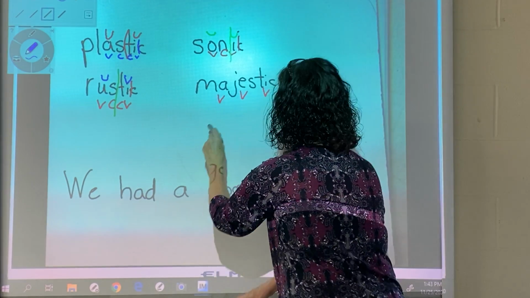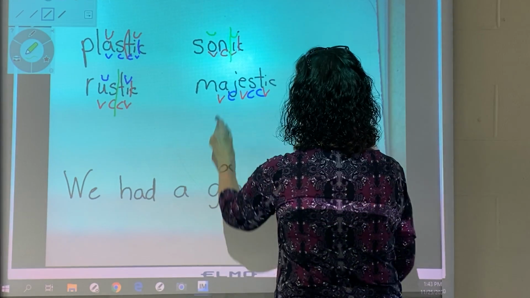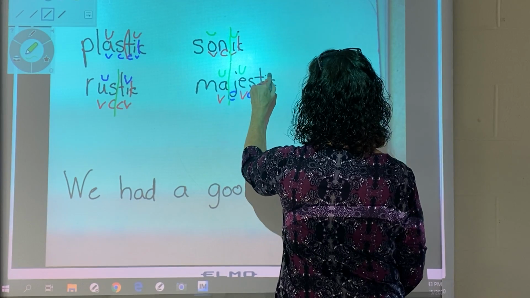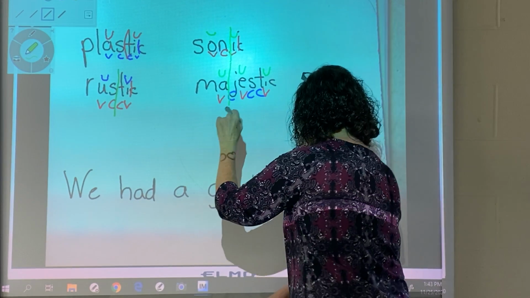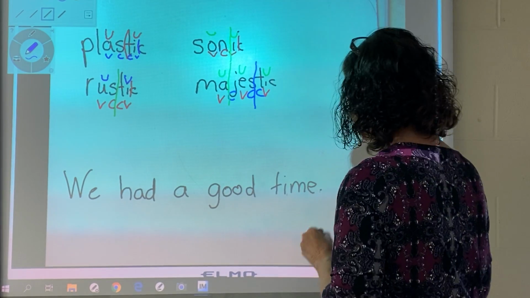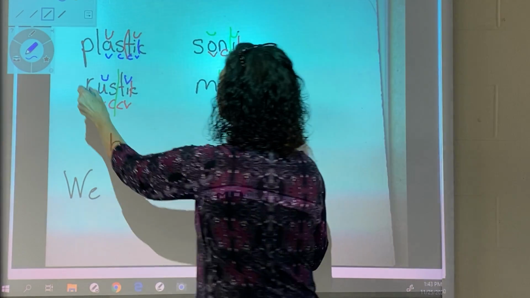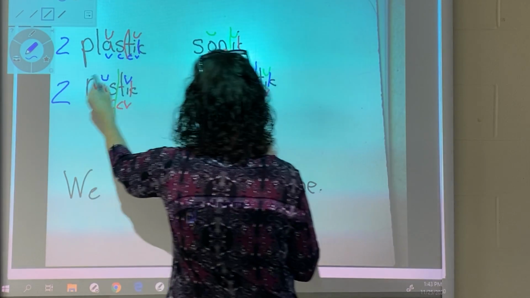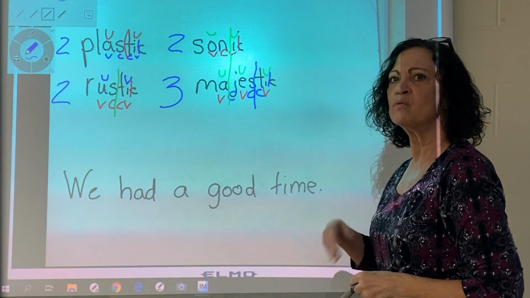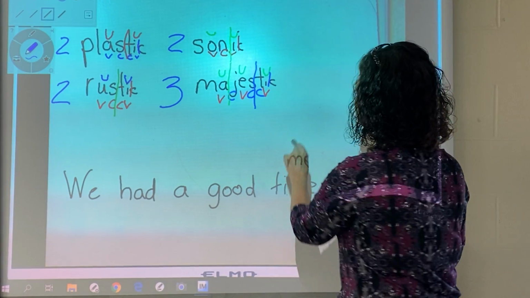Then we have a consonant, a consonant, a consonant, and we'll separate it. Majestic. This one gets separated right here. So that's a two-syllable word, a two-syllable word, a two-syllable word, and a three-syllable word that all end with the sound K, and that is why we use the C.